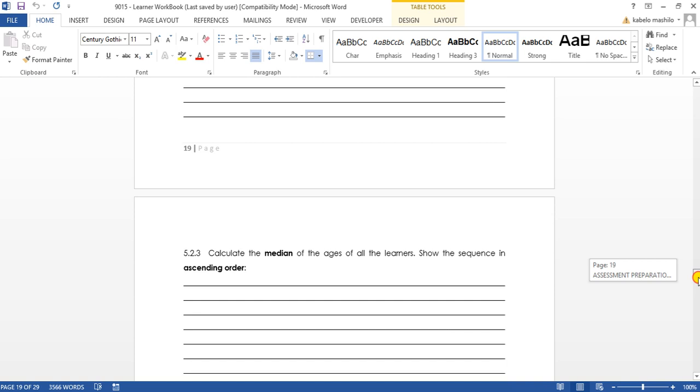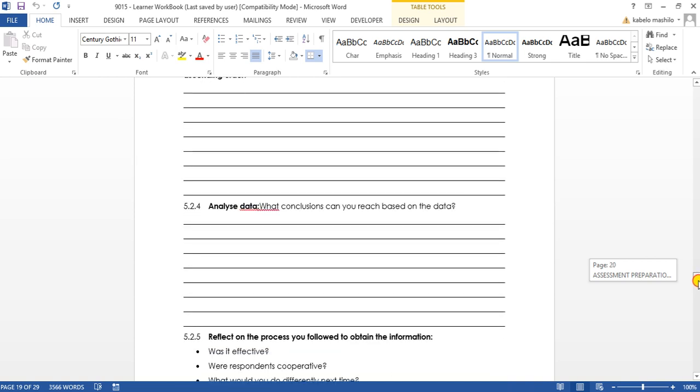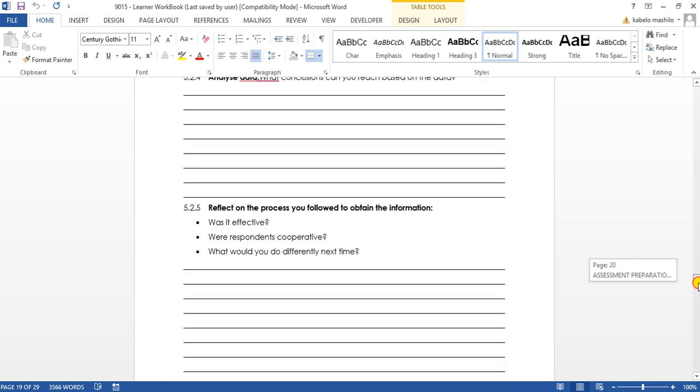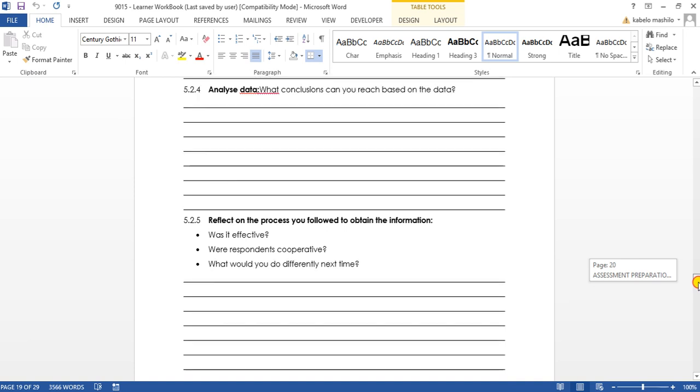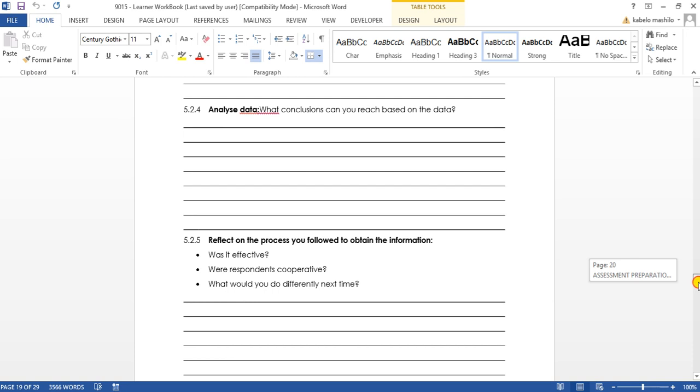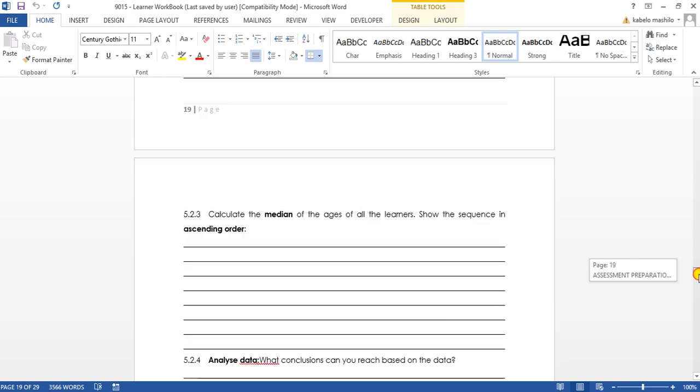Calculate the median of the ages of all the learners. Show the sequence in ascending order. Analyze data. What conclusions can you reach based on the data? Reflect on the process you followed to obtain the information. Was it effective? Were the respondents cooperative? And what would you do differently next time?